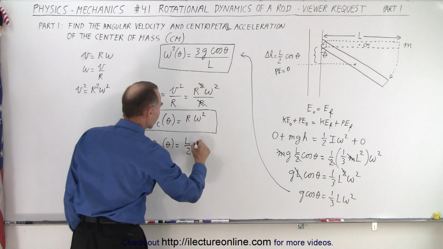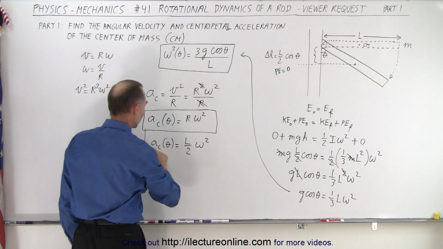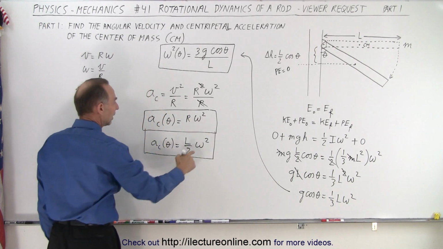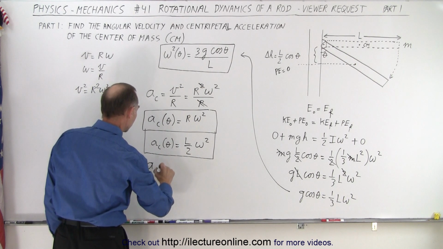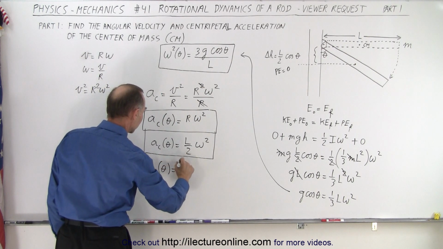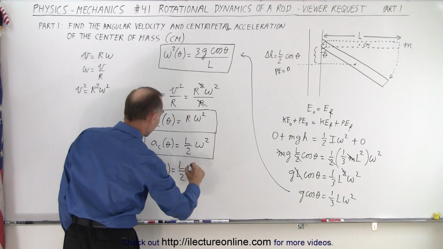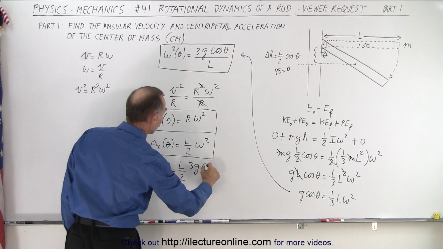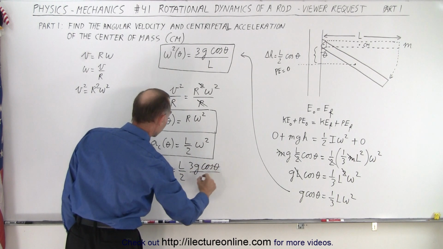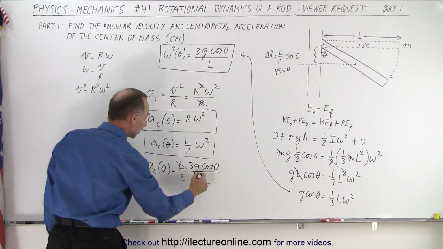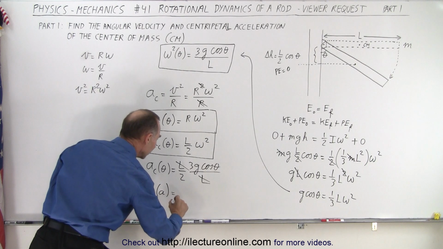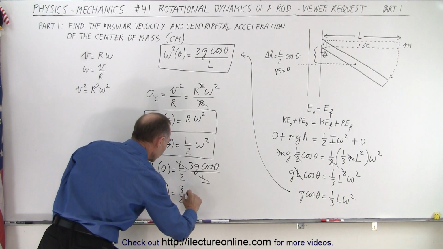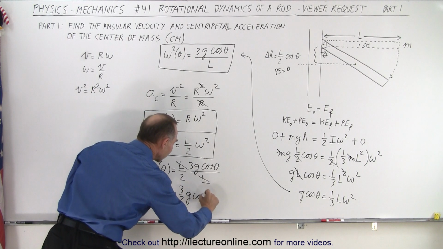That's another way of writing the centripetal acceleration. Then replacing omega squared, we get centripetal acceleration as a function of theta equal to L over 2 times 3g cosine of theta divided by L, and notice that the L's cancel out, so you can also write the centripetal acceleration as 3 over 2 g cosine theta.